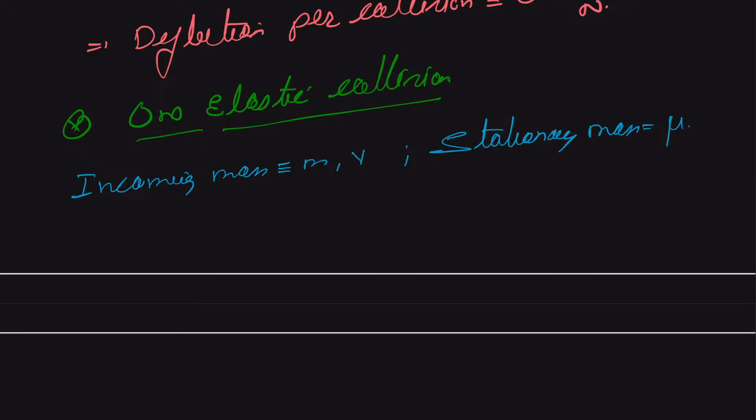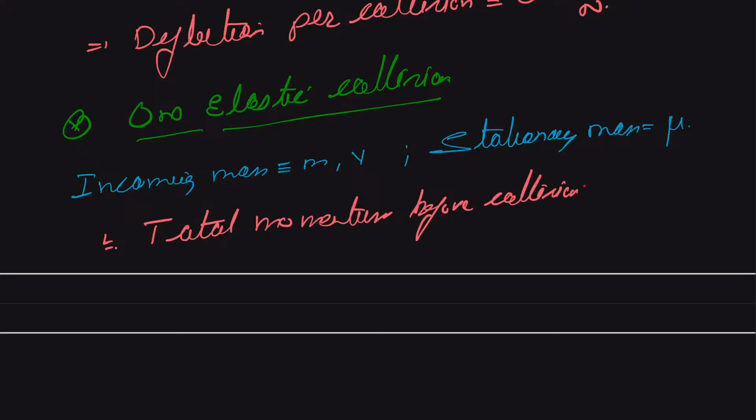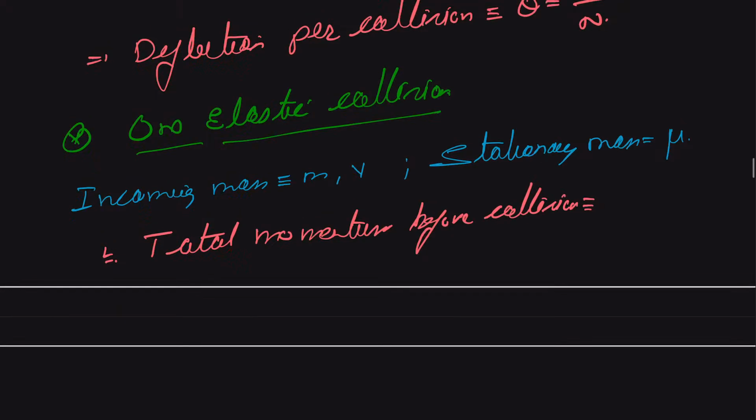Okay, so we can say that center of mass velocity. So for that, we are going to start with our momentum. So you can say total momentum before collision, and before collision only the ball, only the mass m is moving.